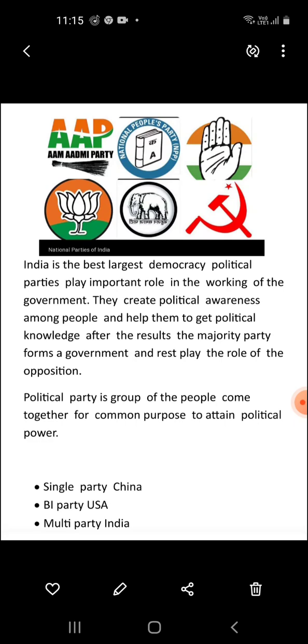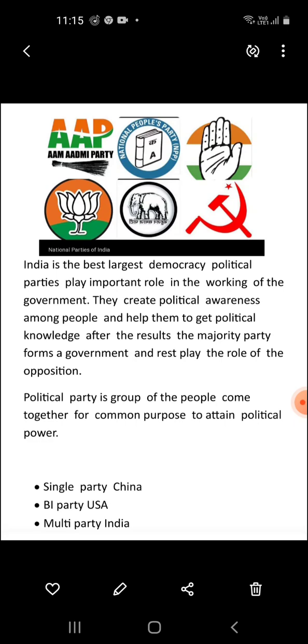Now there are three types of parties. One is single party, which means only one party forms the government and rules. There is no opposition; that is the single party system which exists in China.